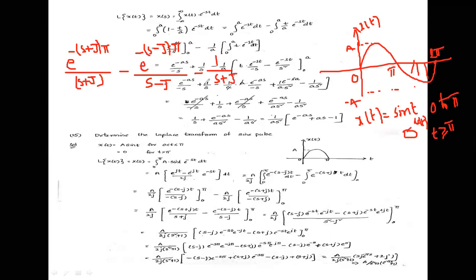For the second term here the minus is there, for lower limit you can substitute the minus, and minus into minus is a plus, 1 by s minus j. Now we can simplify this term.